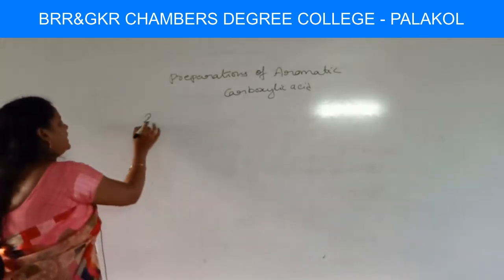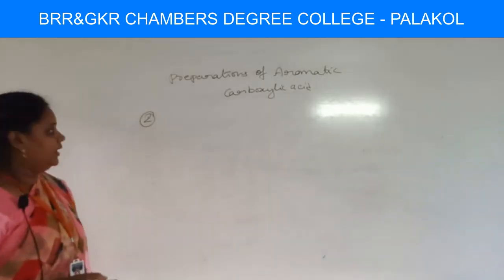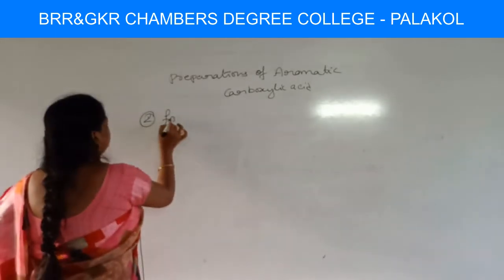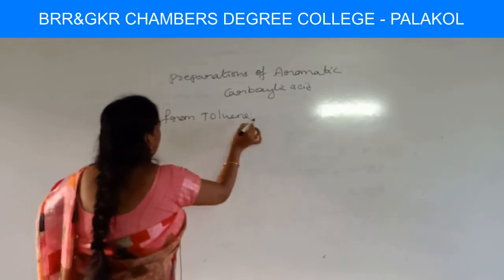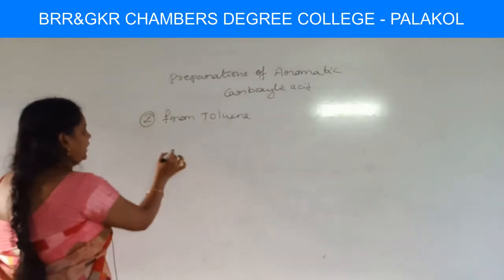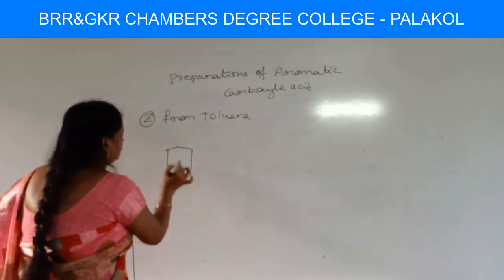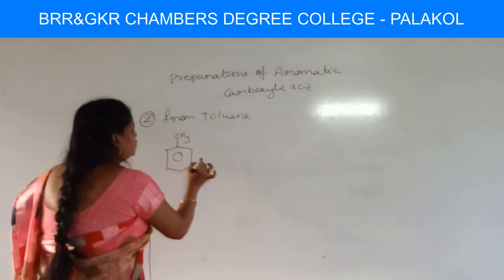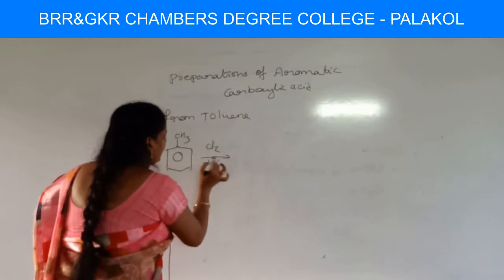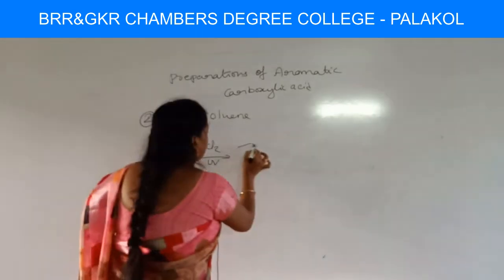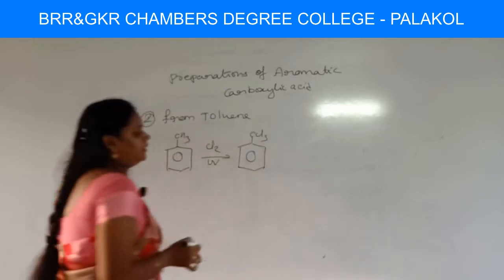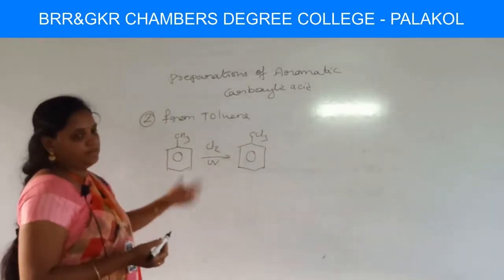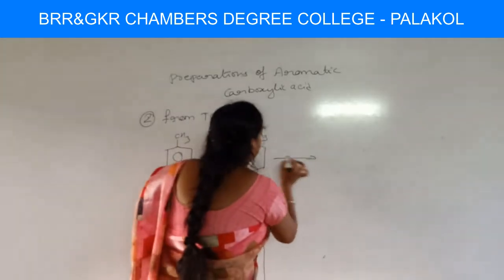The second preparation is from toluene. Okay, from toluene. If you take toluene, do chlorination in the presence of UV light, you will get trichloro-phenylmethane.